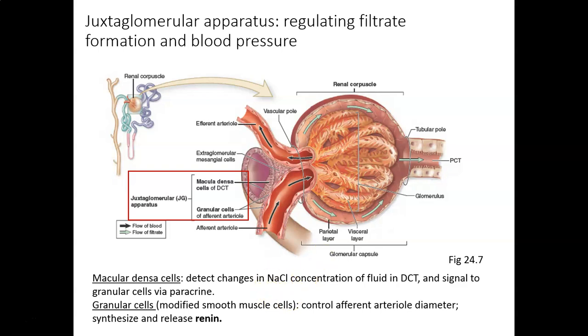But the specialized part of the granular cells is they also synthesize and release renin. Remember renin we just talked about? That's an enzyme, basically functioning as a hormone here, that is going to convert angiotensinogen into angiotensin 1, to further generate angiotensin 2, and then control the blood pressure.